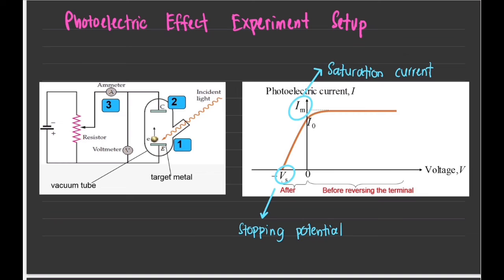If the positive voltage is gradually decreased, the photoelectric current also decreases. Even at zero voltage, there are still some photoelectrons with sufficient energy that can reach the anode, and the photoelectric current that flows is I naught.